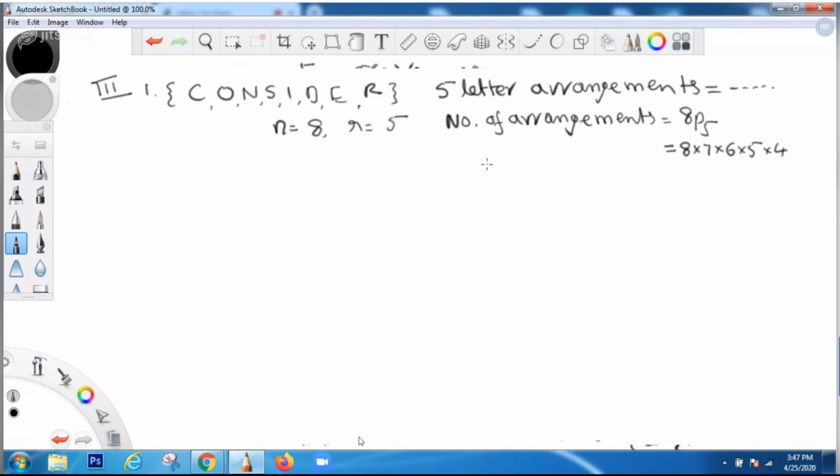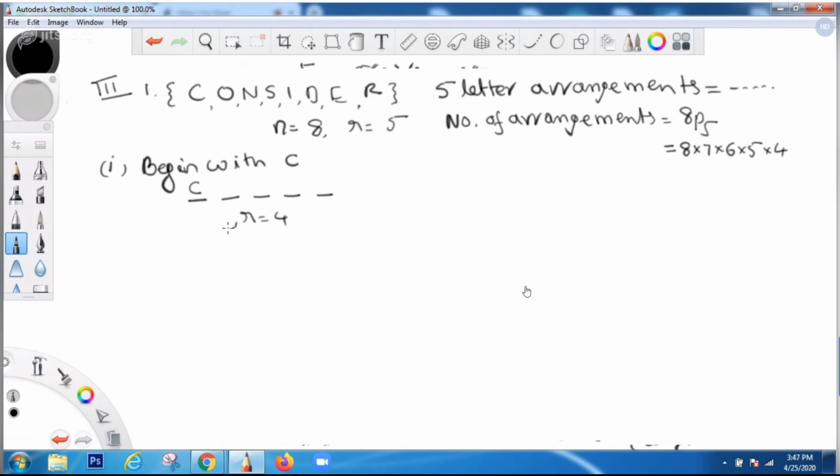Now they are putting some condition, asking the same question. The first condition is how many of them begin with C. Let us take 5 places as usual. Begin with C means C should be kept in the first place. How many places are still vacant? 4.